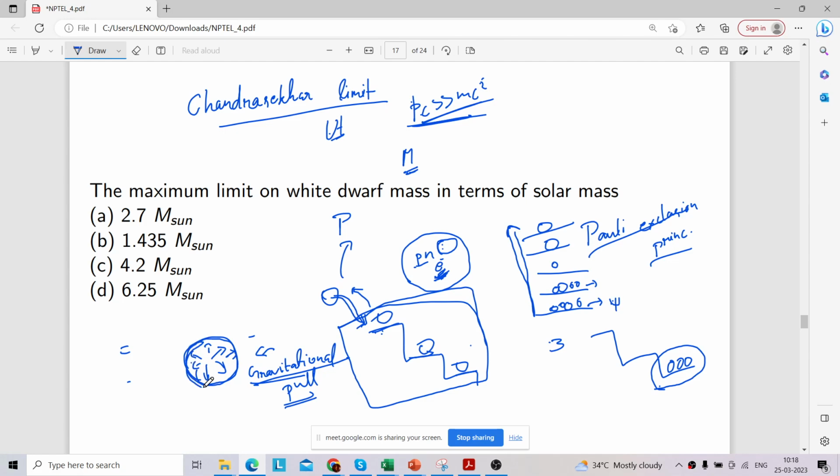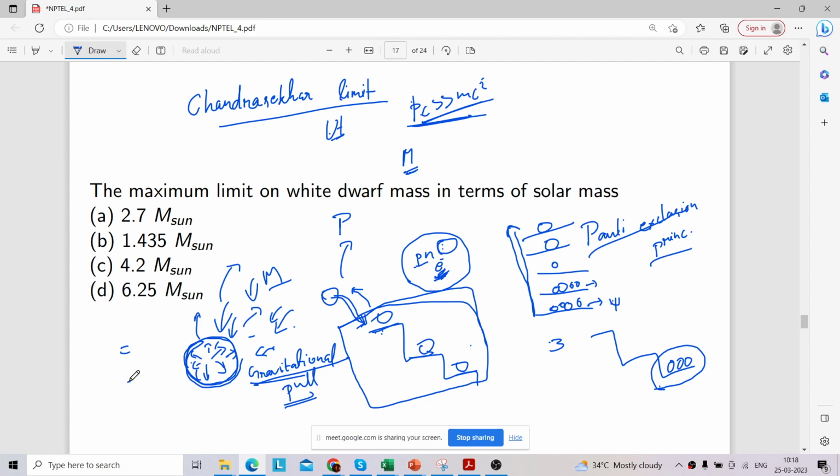the star will be stable. But if you keep on adding mass to the star, then the degeneracy pressure will increase more and more, and the gravitational force will also increase more and more, with its direction inside.